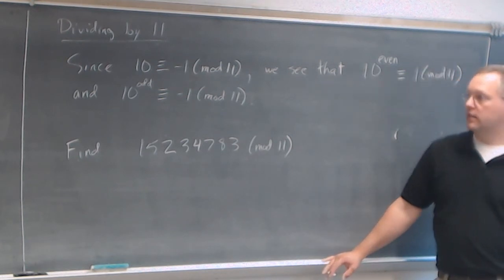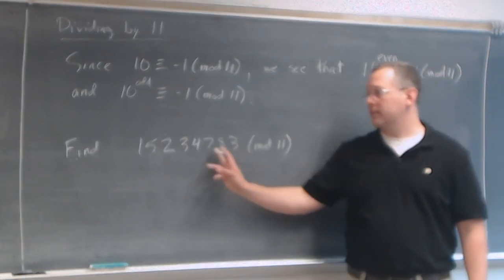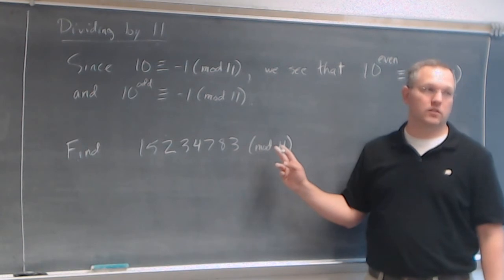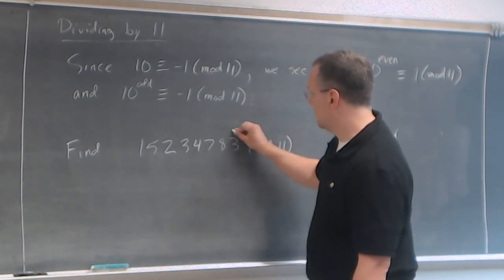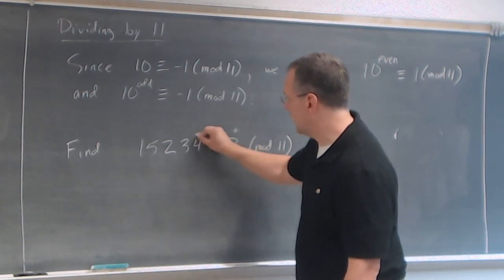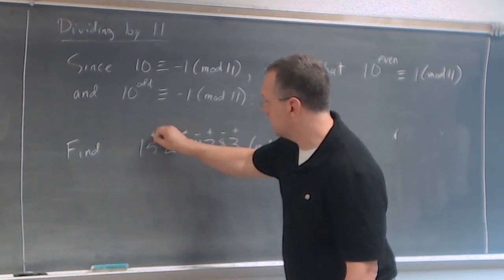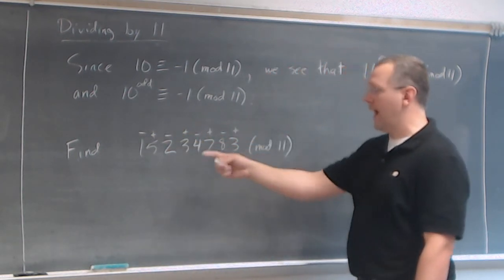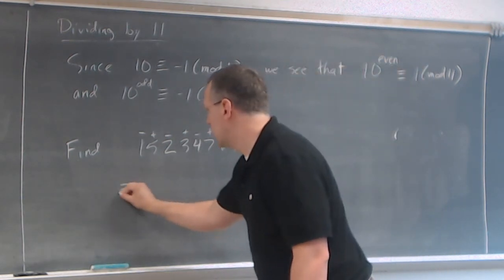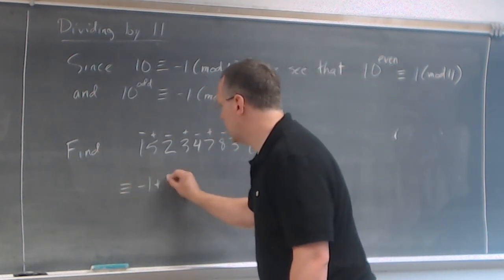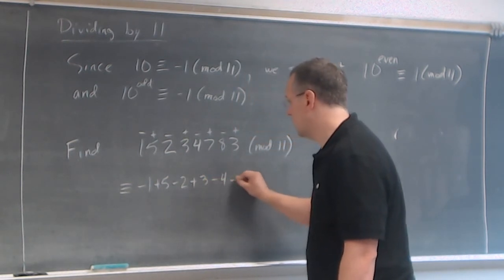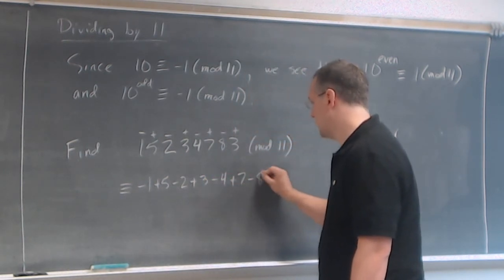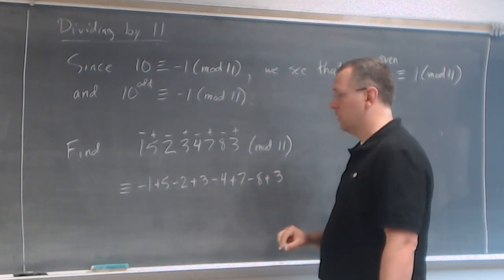It's similar to casting out 9s, but instead of adding up all the digits and reducing mod 11, you have to alternate: plus, minus, plus, minus, plus, minus, plus, minus. So this would be congruent to negative 1 plus 5 minus 2 plus 3 minus 4 plus 7 minus 8 plus 3.